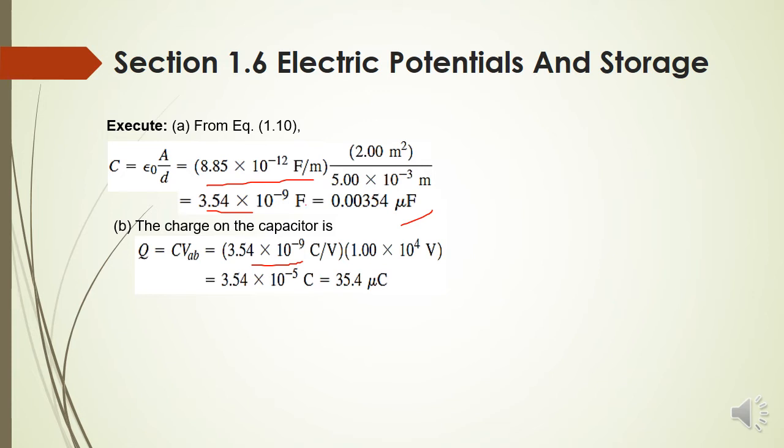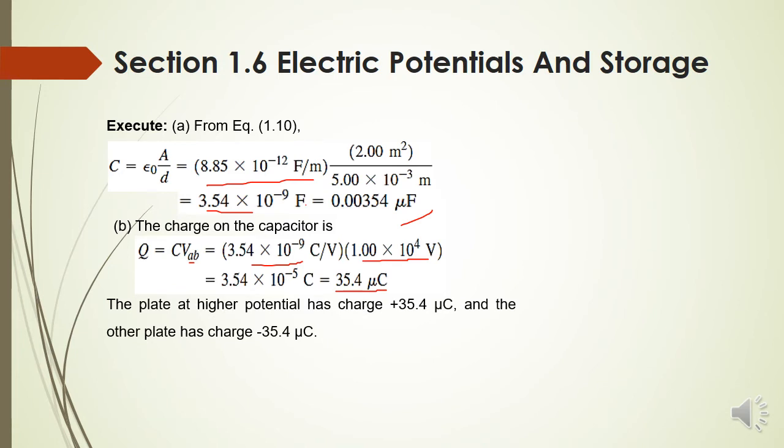And the potential difference is also given, 1 times 10 to the 4 volt. And you can get the charge, 3.54 times 10 to the minus 5 coulomb or 35.4 microcoulomb.